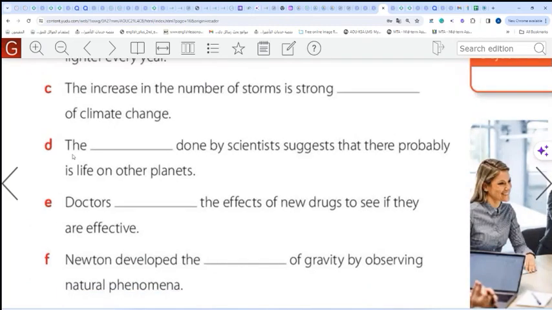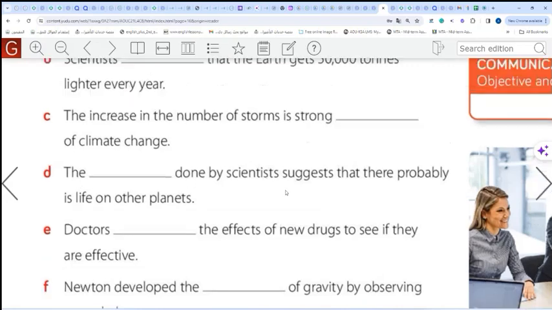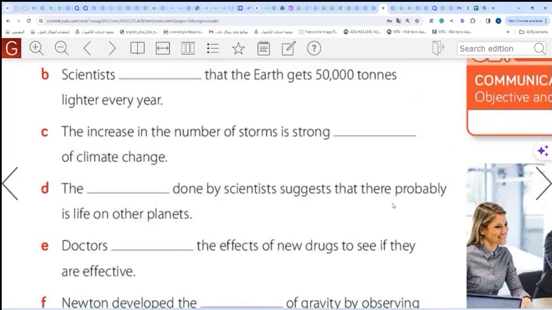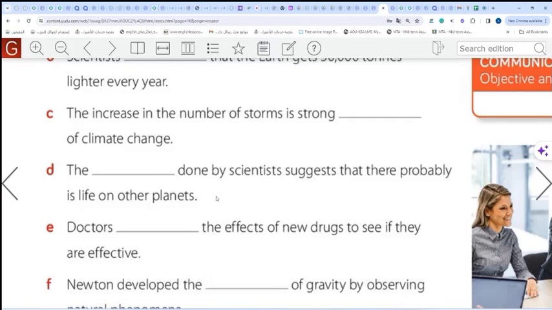Now, dear students, what about number D? The research done by scientists suggests that there probably is life on other planets.